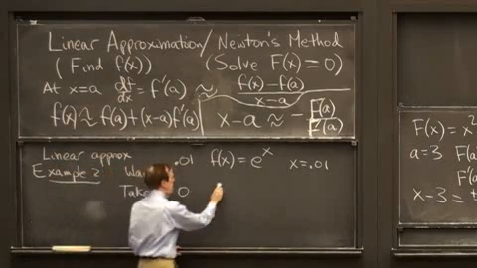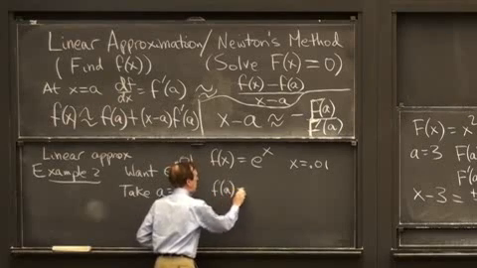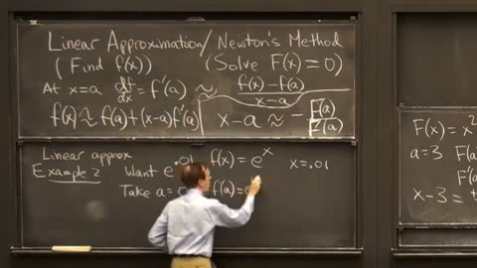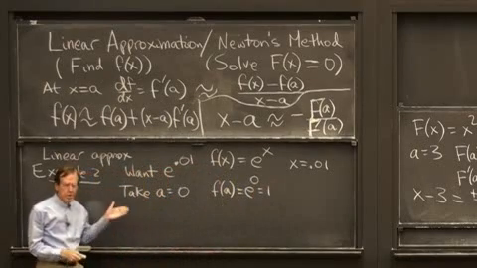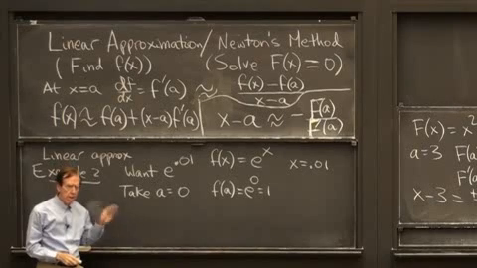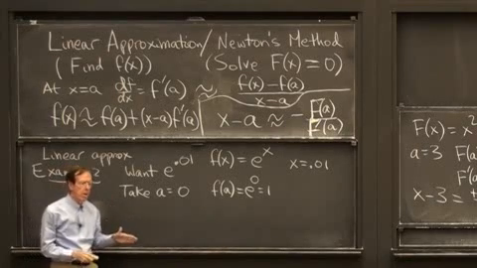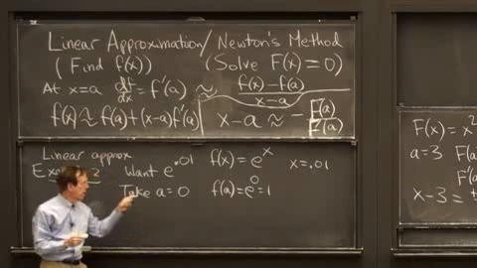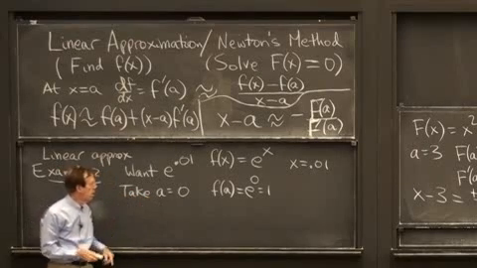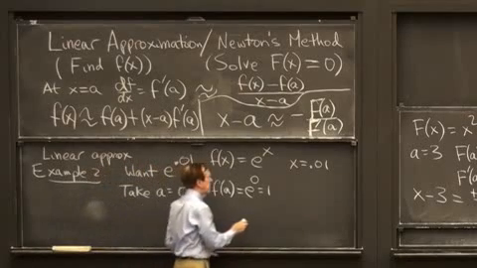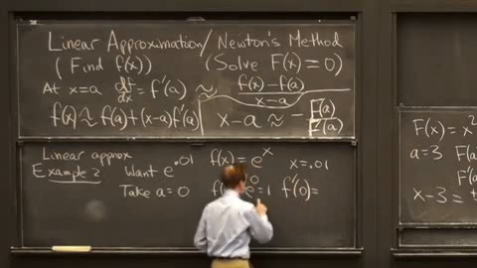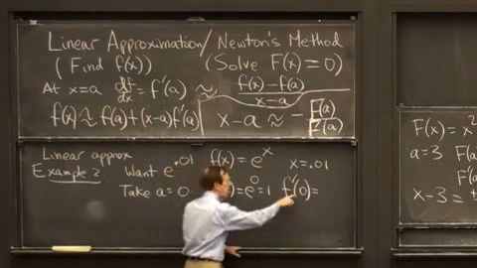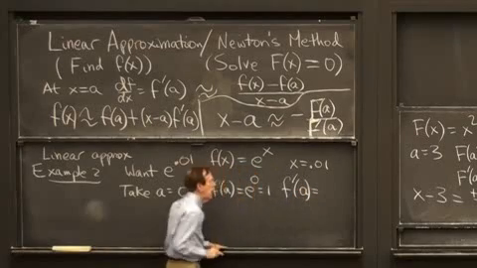Then f of a is e to the 0 power, so that's 1. Now for the straight line approximation, I also need the correct slope at a. Well, I do know the slope of this. F prime at 0, that's my a.